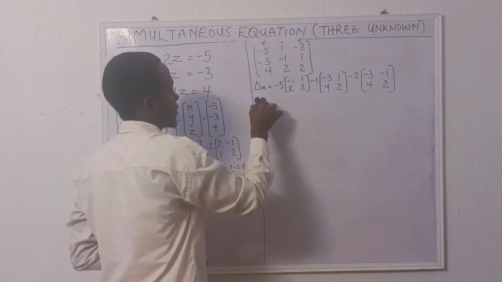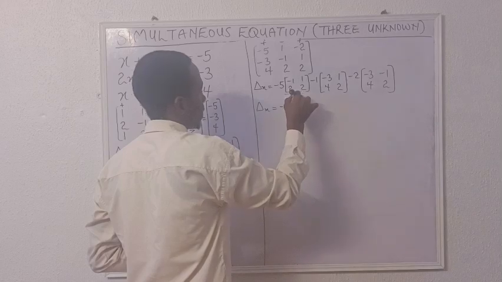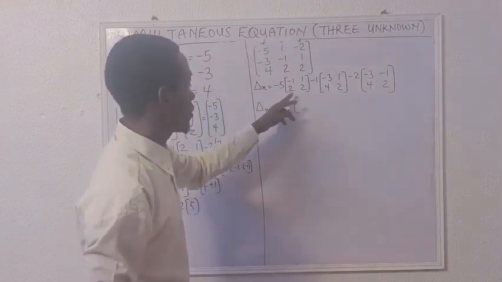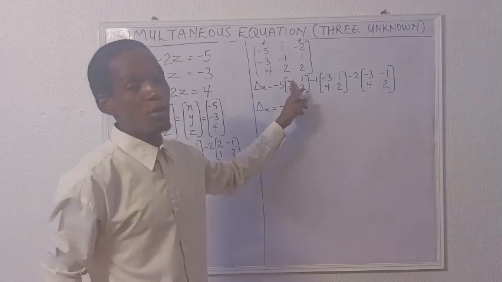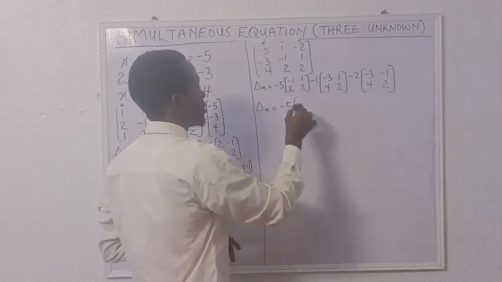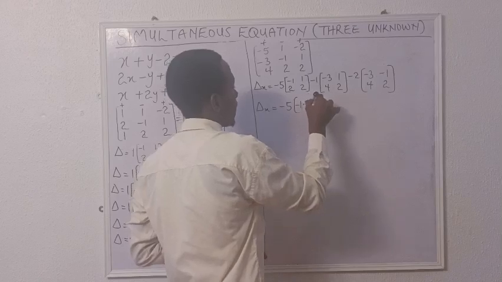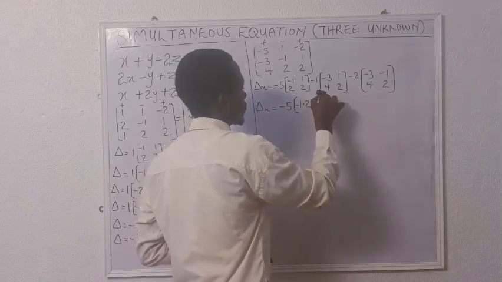So that will give my delta x. So what? Minus 5. Looking for the 2 by 2 matrix, we said it's always in the diagonal form. Minus 1 times 2 minus 2 times 1. That will give me minus 1 times 2 minus 2 times 1.